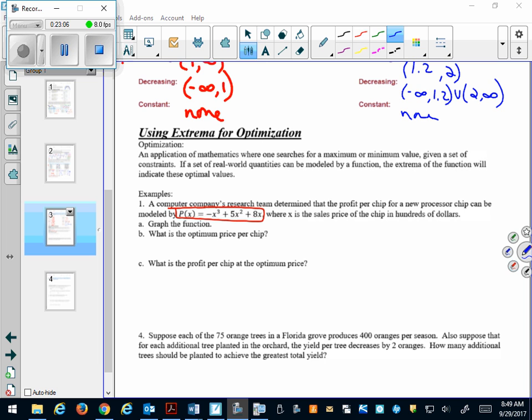When we do this, it turns out the relative max is at the point (4, 48), right? So what is the optimum price per chip? $4. And what is the profit at that price? $48. So this is how those graphs translate to real life.